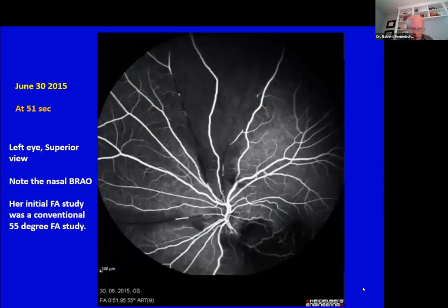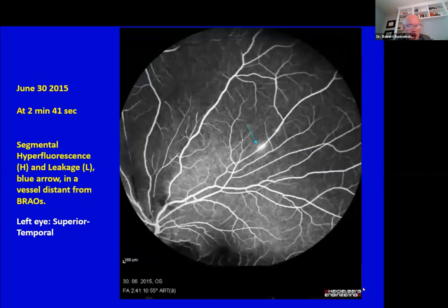This is a superior view of the BRAO in the left eye. Note that she also had a nasal BRAO. In the left eye, there was also a different vessel with segmental hyperfluorescence and leakage with no occlusion. This combination of BRAO in one or more vessels and segmental hyperfluorescence and leakage in other vessels is very typical of Susac syndrome and would not occur if a BRAO were due to embolism or thrombosis.